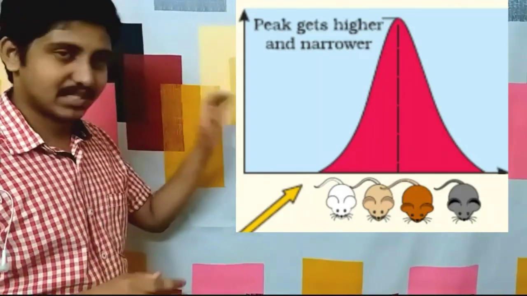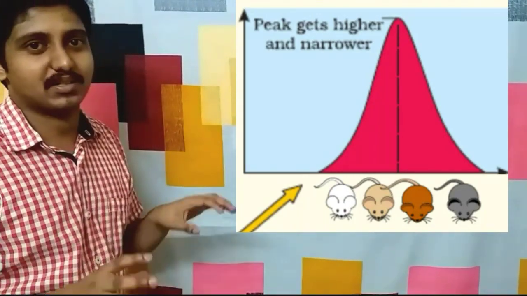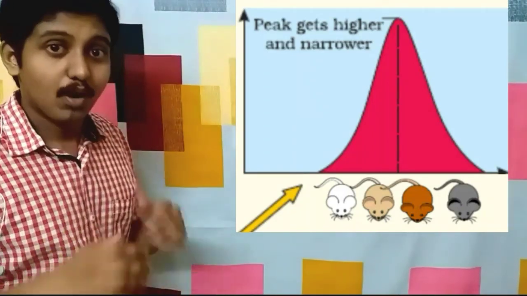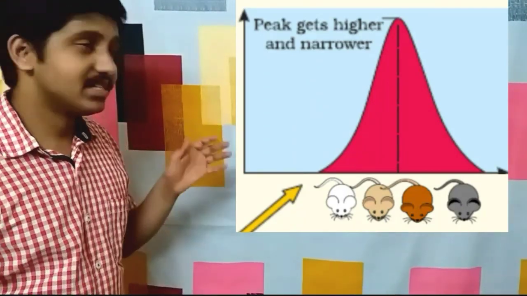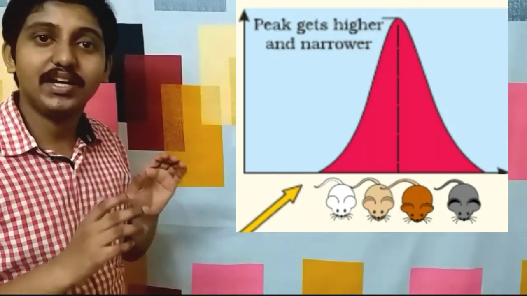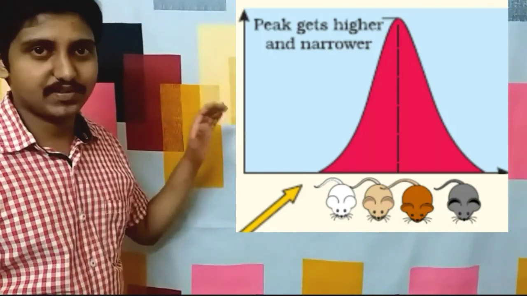So here in stabilizing selection, the middlemost characters, or medium phenotypes, are favored, while the extreme phenotypes, that is white and the darker colors, are not favored by natural selection. So this is the stabilizing type of selection.